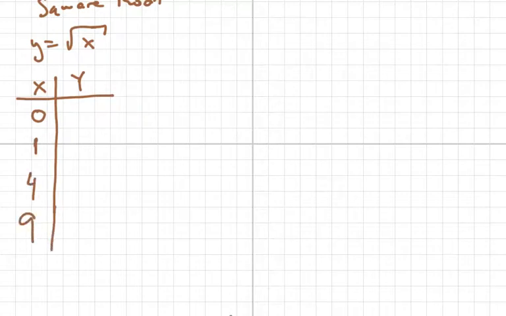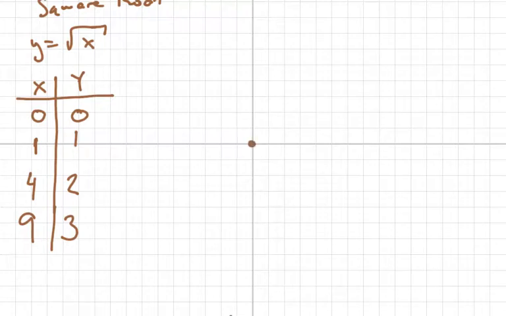And if you're pondering why, well, it's because the square root of 0 is 0, the square root of 1 is 1, the square root of 4 is 2, and the square root of 9 is 3. I picked values that give you exact square roots because if I, for example, pick 3, what's the square root of 3? It's not a pretty number, okay? So we'll plot these.